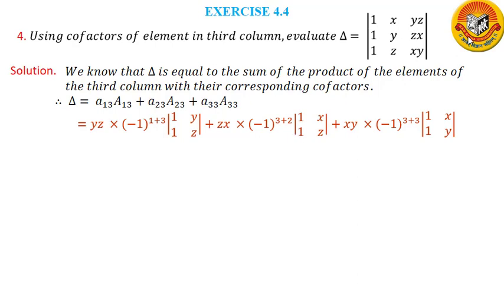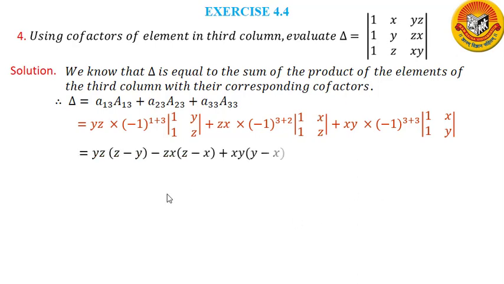Second row and third column into, I remove this third column and second row, so I will get 1x and 1z. Plus I take this third element, that is a33 xy into minus 1 power 3 plus 3 into, I remove this third row and third column and I get 1x and 1y.